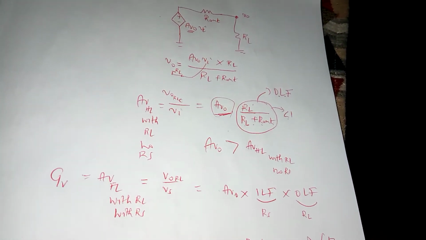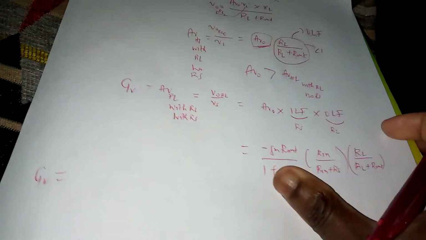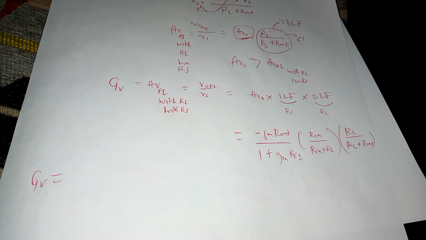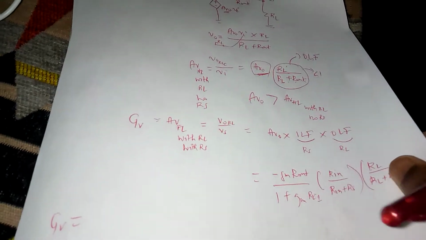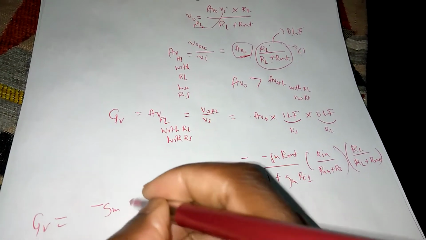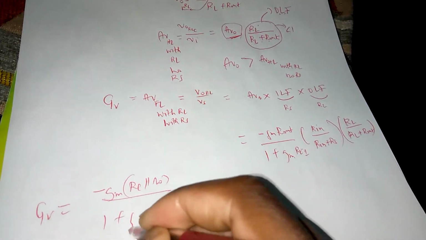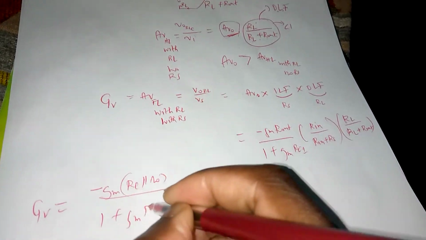If we replace R in and R out by their values, we end up with R out by the minus GM RC in parallel of RO divided by 1 plus GM RE1.